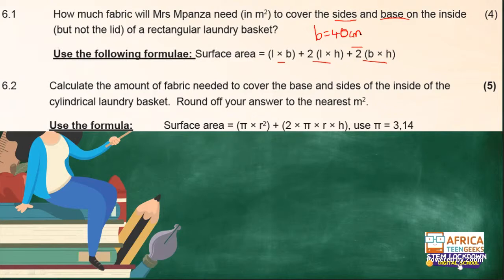Please do the sum for me, 6.1. The length is 60 centimeters. And lastly, the height is 1 meter.